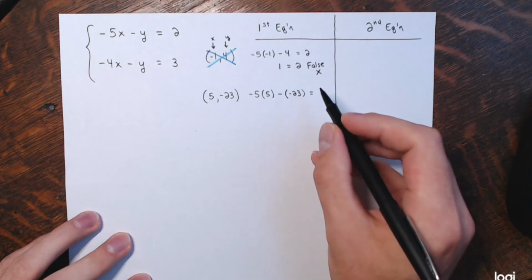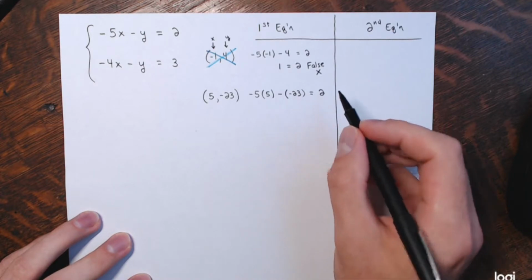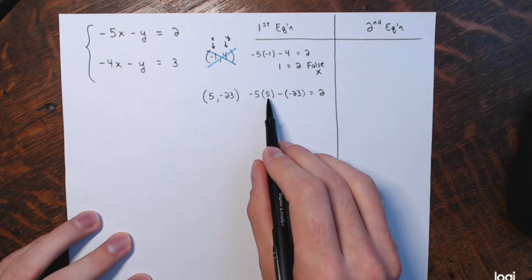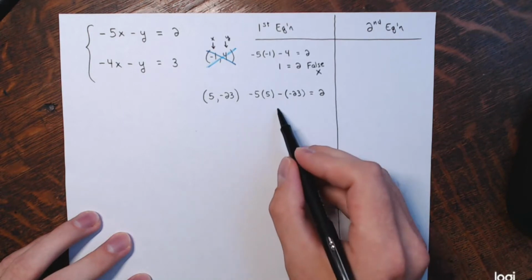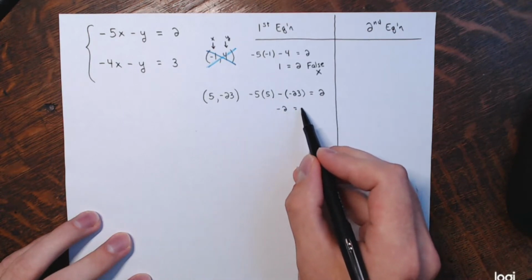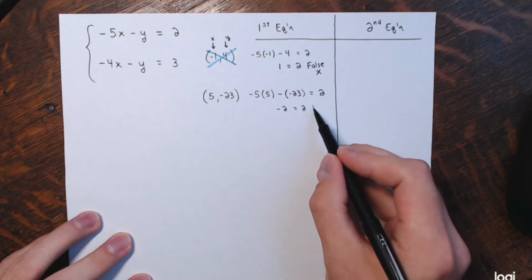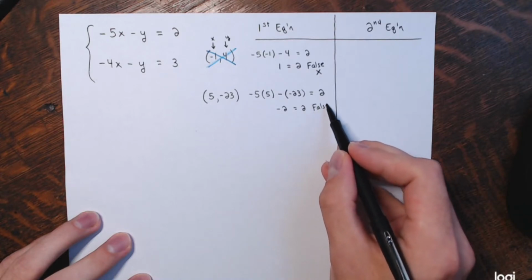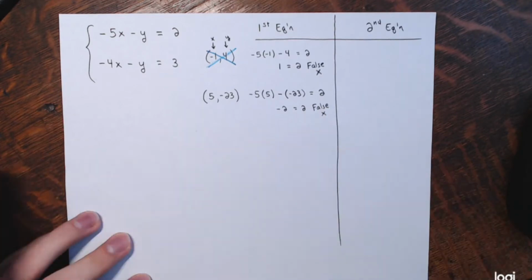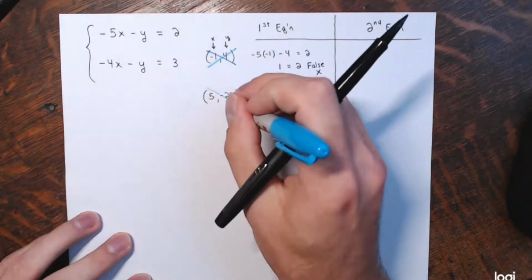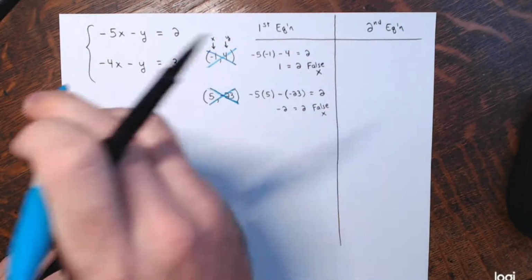And is that equal to 2? This is negative 25 plus 23, that'd be negative 2 on the left, positive 2 on the right, so this is false. Those are not the same number. So this ordered pair is not a solution of the system, doesn't satisfy both equations.